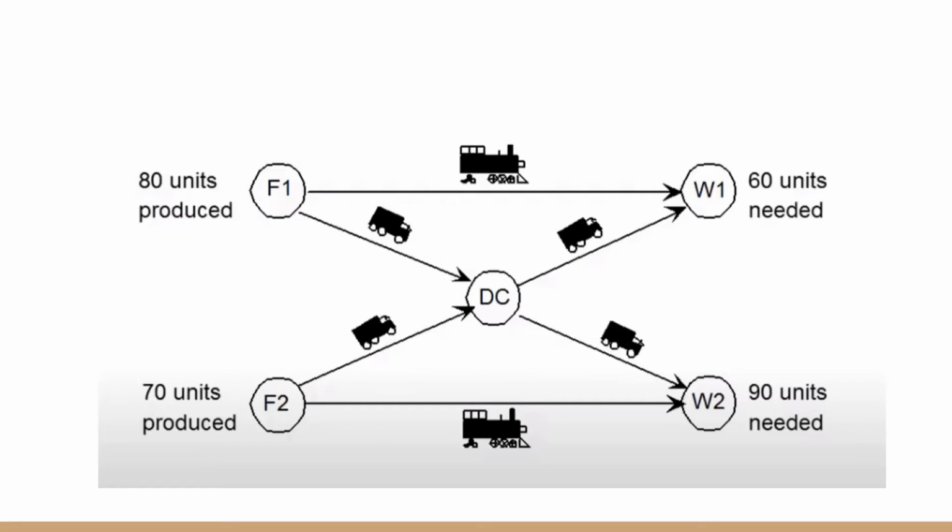Now we mentioned that a distribution center sits in the middle of all of this, and we have the option to send truckloads from factory 1 to the distribution center, or from factory 2 to the distribution center, and then we can ship from the distribution center to either warehouse 1 or warehouse 2.